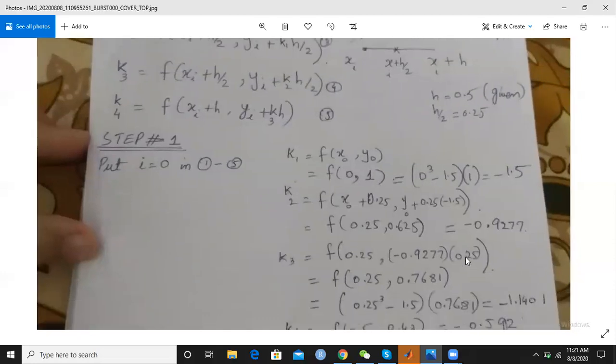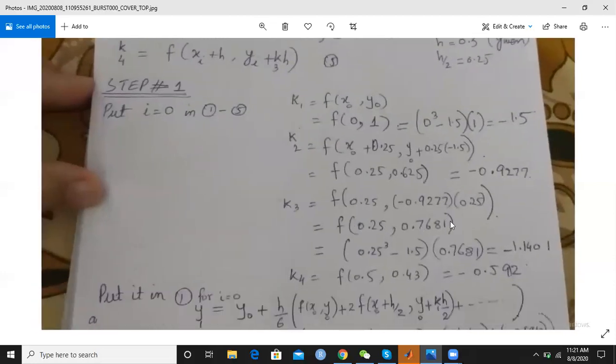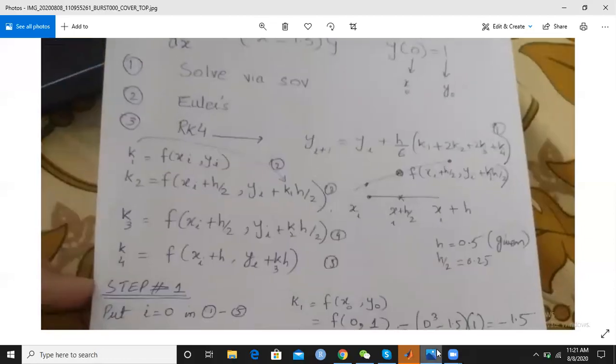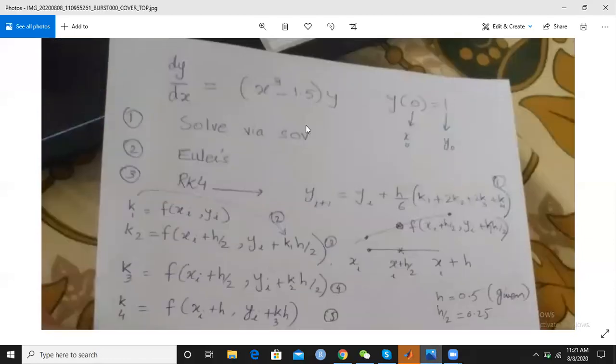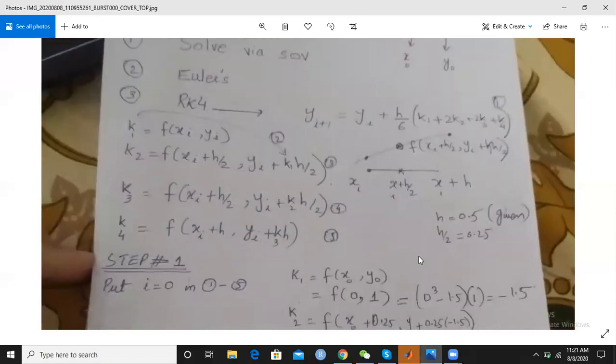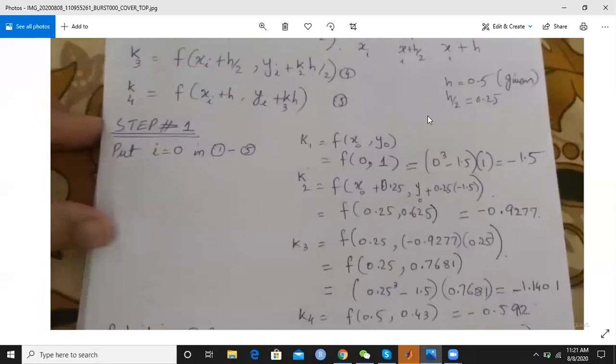All right, and you can easily substitute these two values. This is x, this is y, for this f of xy. So you can easily substitute here these values. You can use a calculator, you can use MATLAB, you can use any software, and you can simplify it.